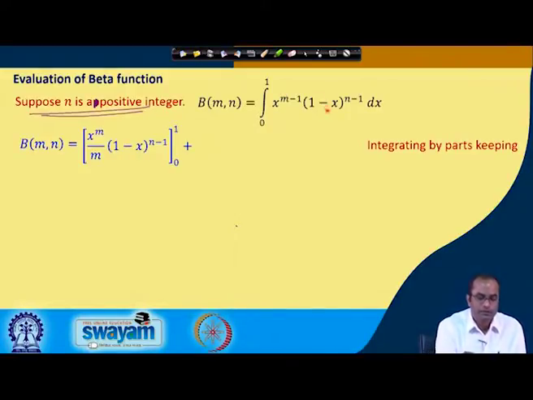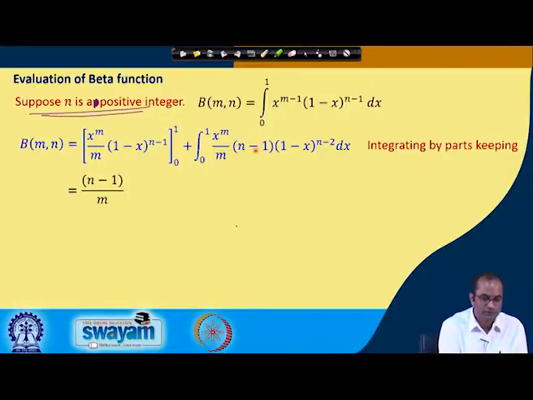So, this will be the integral of x to the power m minus 1, which is x to the power m divided by m, and this part will remain as it is, (1 minus x) to the power n minus 1, with the limits 0 to 1, plus the integral of x to the power m divided by m, times n minus 1 and (1 minus x) to the power n minus 2 dx, with the minus signs compensating. So, this is n minus 1 divided by m.